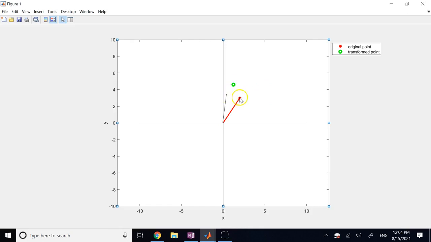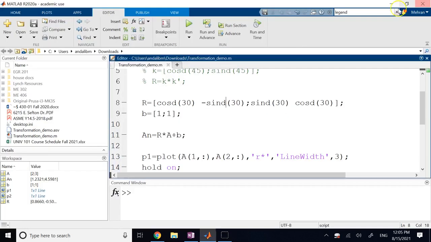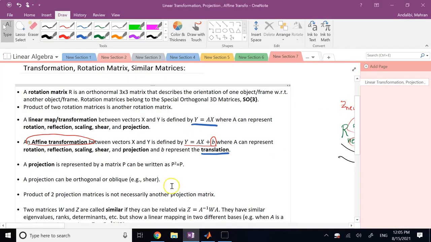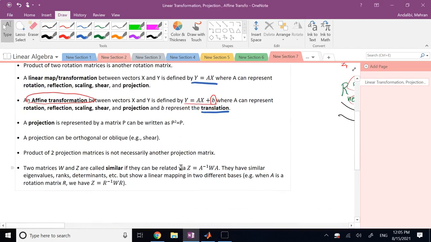So first it comes from this red point to this point in black, and then from that point in black, it can be moved to this point in green by a translation of 1 unit and 1 unit. Okay, so this is rotation and translation together. That's an affine transformation. So we covered that one as well.